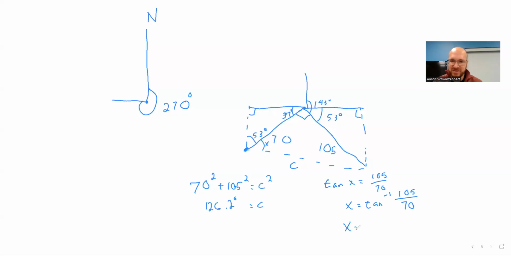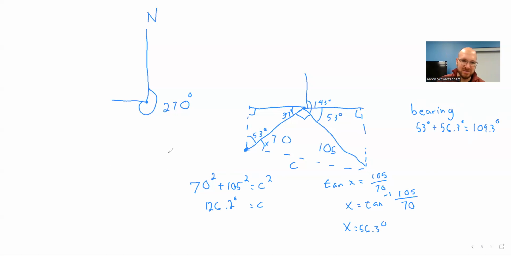My bearing is not 56.3. That's my angle inside this triangle. My bearing takes the whole thing from true north. So for the bearing, I got to add the 53 to it. And I get 109.3 degrees is my bearing.